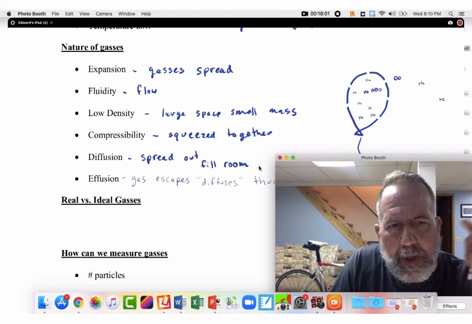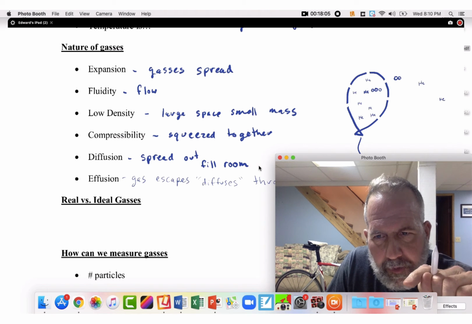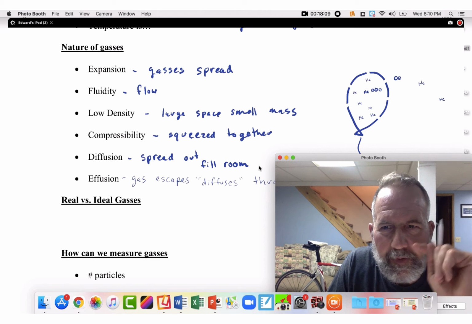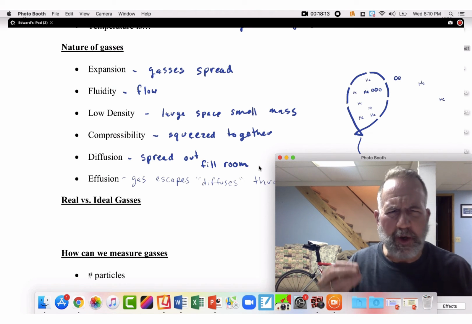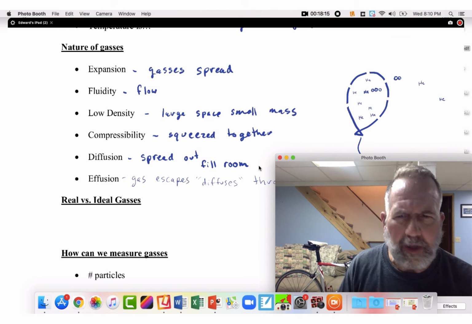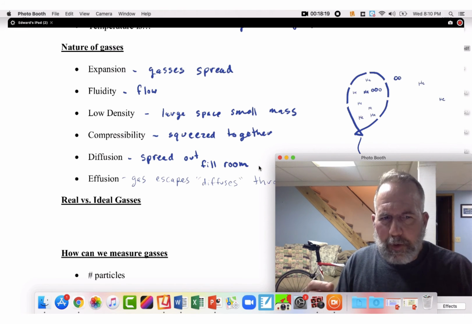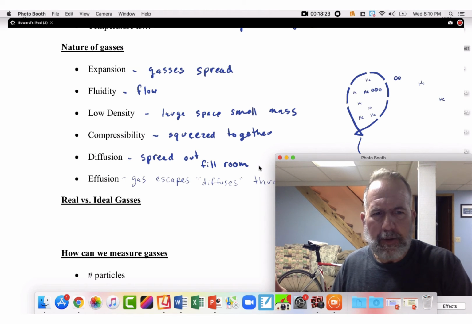All right. Real versus ideal. Remember, ideal was perfect. Real is not perfect. When things happen for real, they're not going to work out exactly right every time because there's all sorts of little things that can go wrong. Same thing for gases. The things we're going to do are going to be close to what happens.